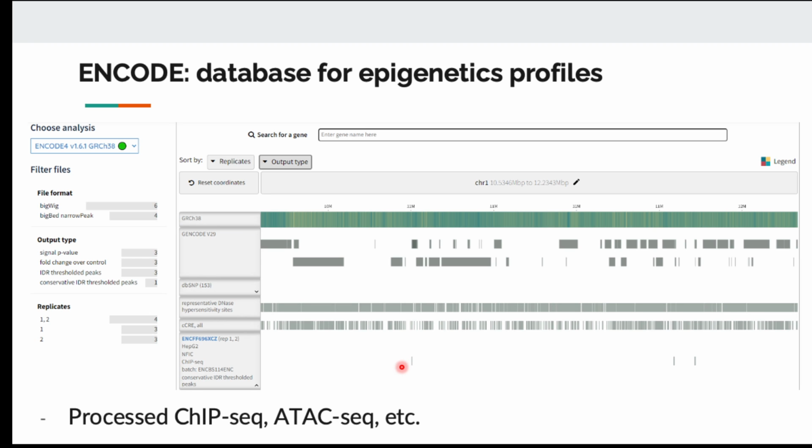So ENCODE is all about epigenetics. Everything you want to know, even the link to the raw sequencing data, you can find on the ENCODE website.